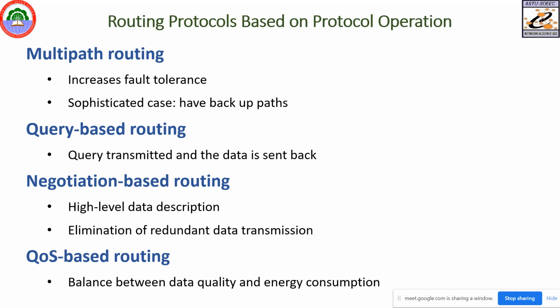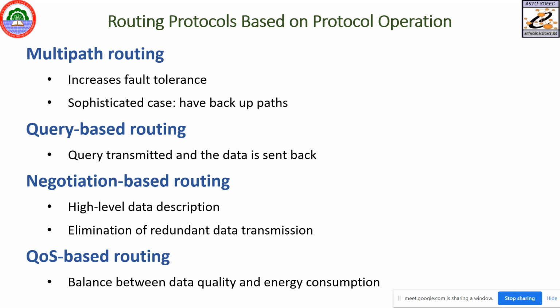Next we'll go for query based routing protocols. In this case, whatever protocols we need for wireless sensor networks, it will simply send the query to a particular region, which we can call the region of interest.